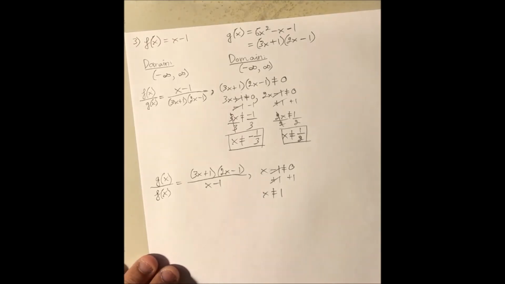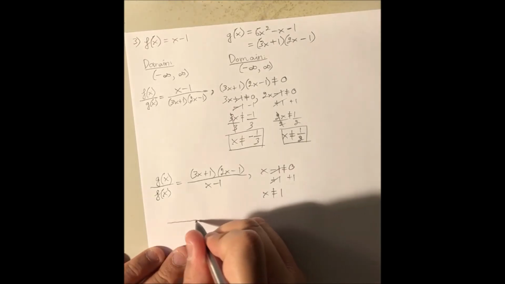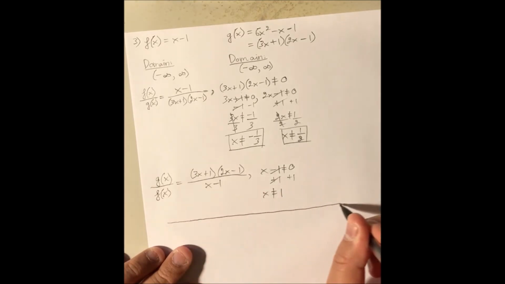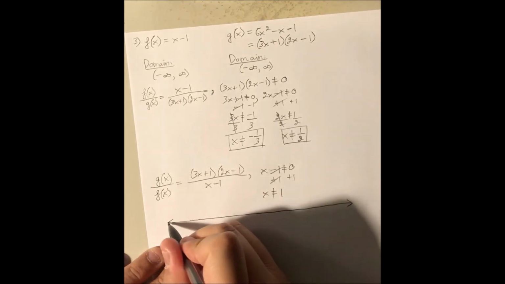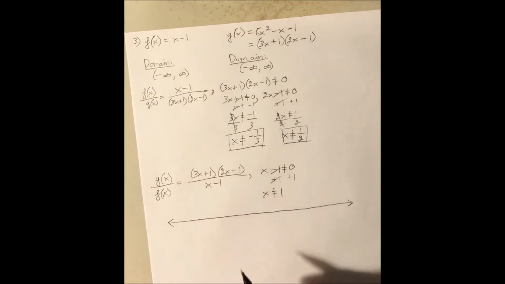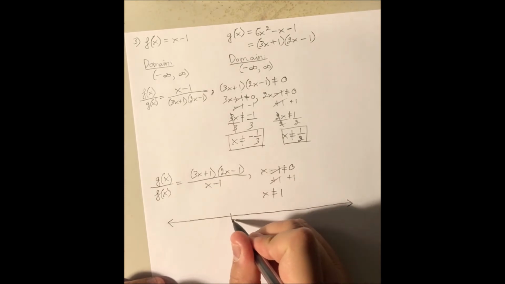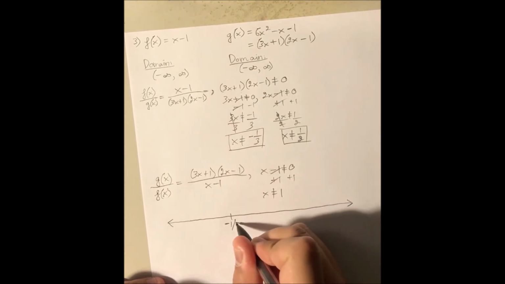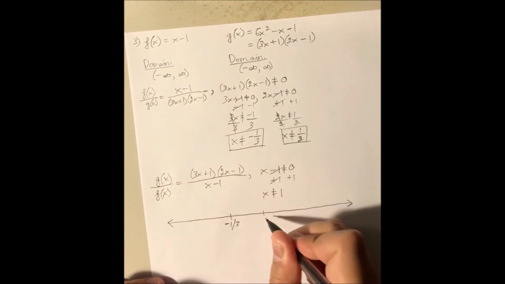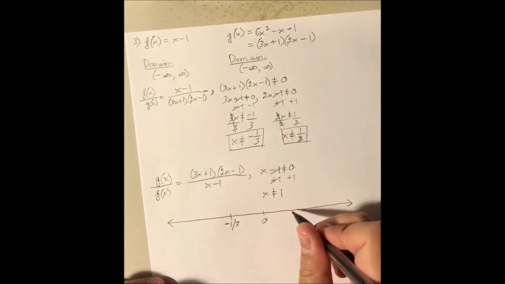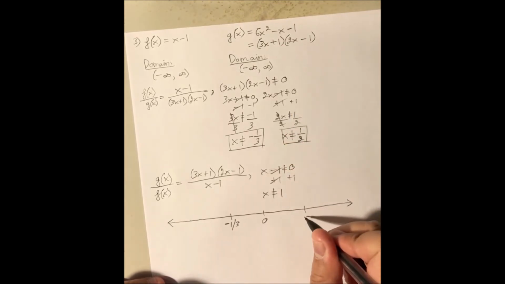So we got the quotient f over g and the quotient g over f. Let's put the domain of f over g and the domain of g over f on the number line. Let's start with f over g first. We got negative 1/3, so maybe right here, and we got 1/2, so maybe 1/2 is here on the number line.